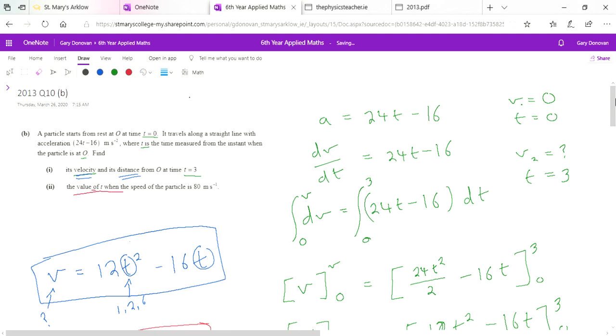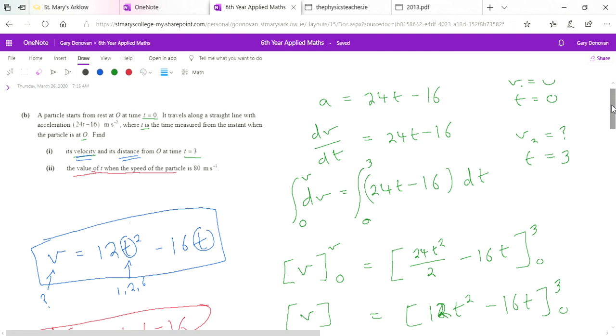Find the value of t when the speed of the particle is 80. Again, people will try to go back and start this all from scratch, but we have this equation now. This equation just has two variables, v and t, and we're given one of them, v equals 80, so we just solve this for t.